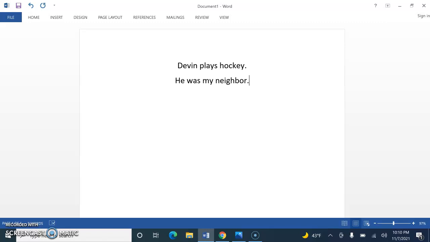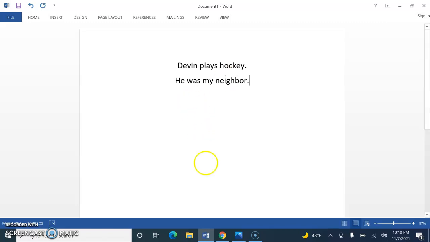And we said that a linking verb needs to connect another noun or a describing word back to the subject. And so you see here that neighbor renames the pronoun he. Who is he? He's my neighbor.